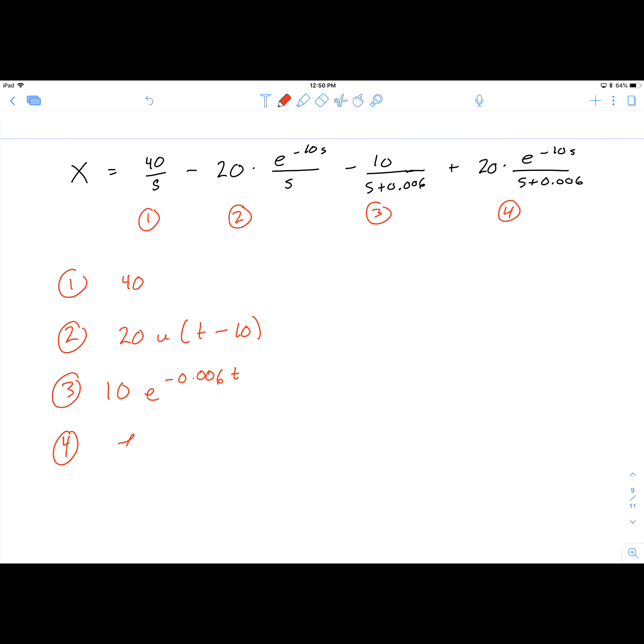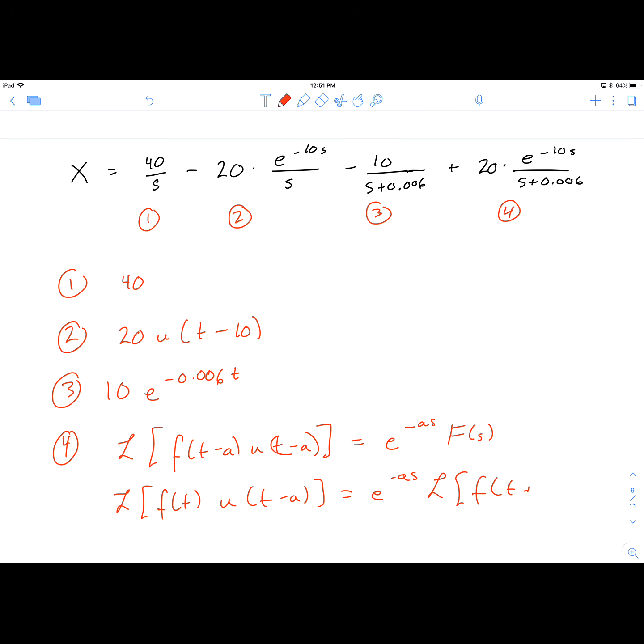So just as a reminder, this one is e to the negative as times F of s. And this one here is e to the negative as times the Laplace transform of f of t plus a. So let's see if we can make this work with the first one.